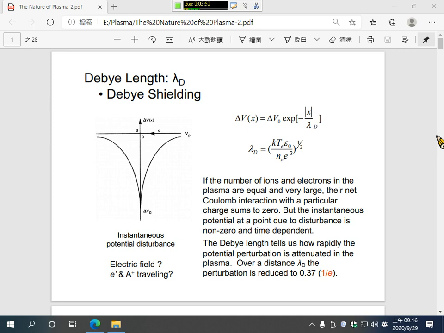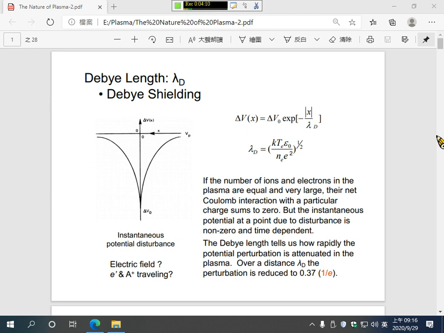In other words, these electrons can attract ions or repel other electrons. So the individual electrons will affect the traveling of the charged particles.